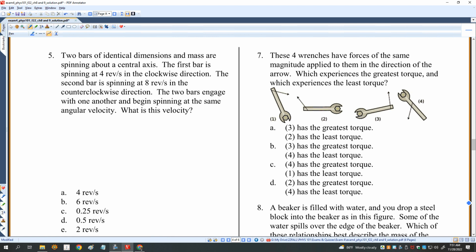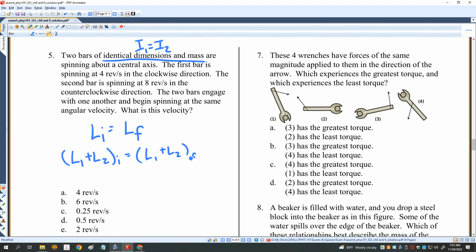2 bars of identical dimensions and mass are spinning about a central axis. The first is spinning at 4 revolutions per second in the clockwise direction. The second is spinning at 8 counterclockwise. Okay, 2 bars engage with one another and begin spinning at the same angular velocity. So I know that Li equals Lf. I also know that these two have identical dimensions and mass, so I1 is equal to I2. L1 plus L2 initial will equal L1 plus L2 final.